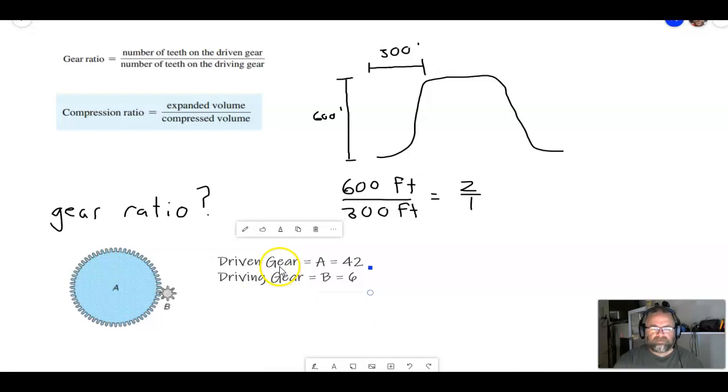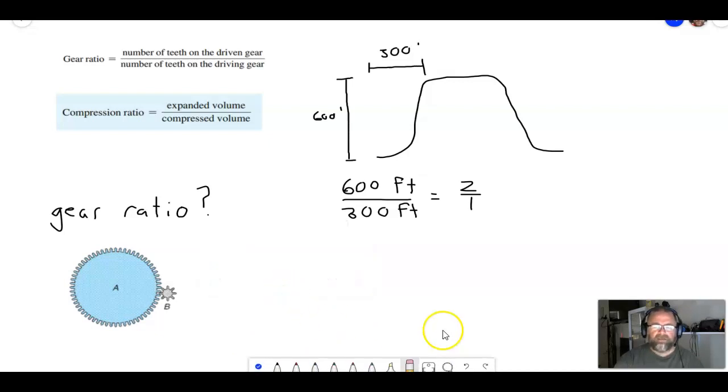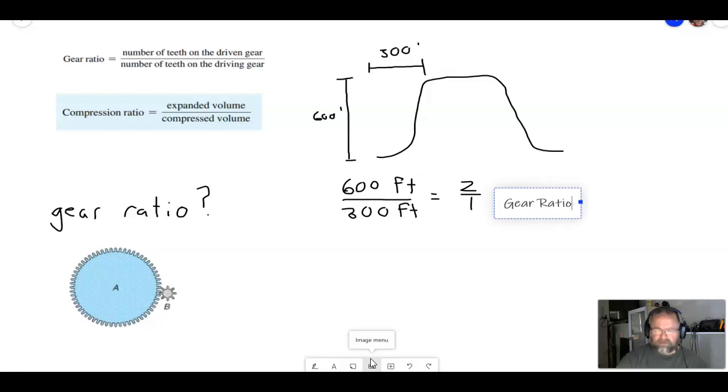And try another one here. This time I'm going to give it to you a little bit different. Let's say our gear ratio is 5 over 2, 5 halves, and our driving gear has, how many teeth would that have?